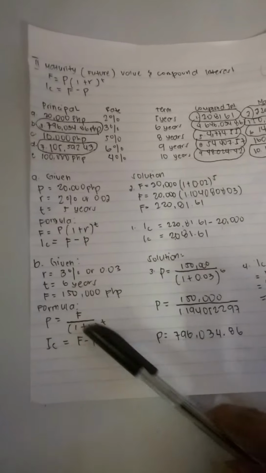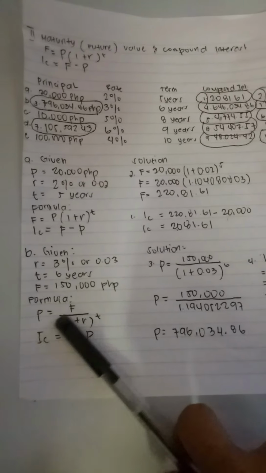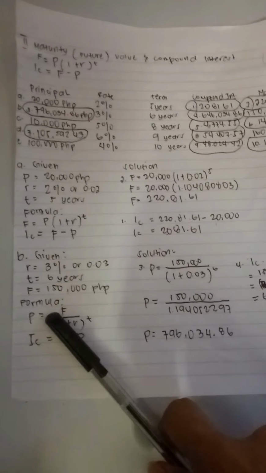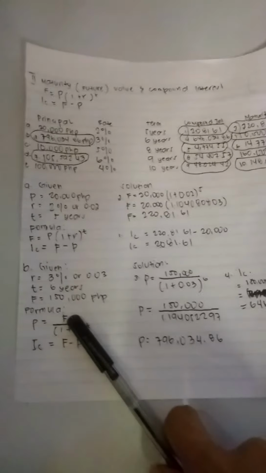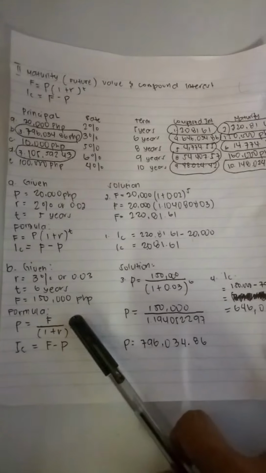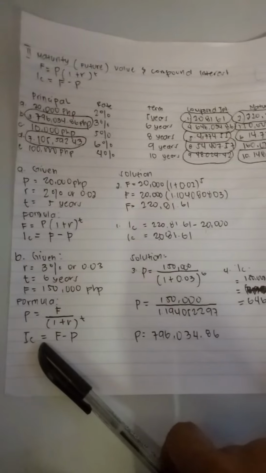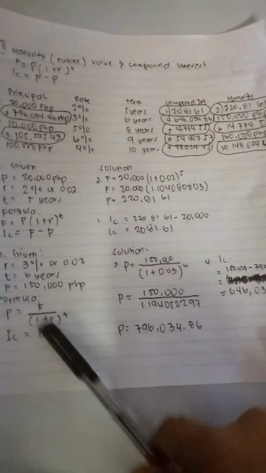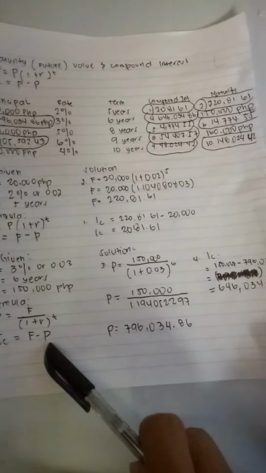Then for the formula of principal, equals to maturity future value over 1 plus R then time. Then for the compound interest is equals to maturity future value minus principal.